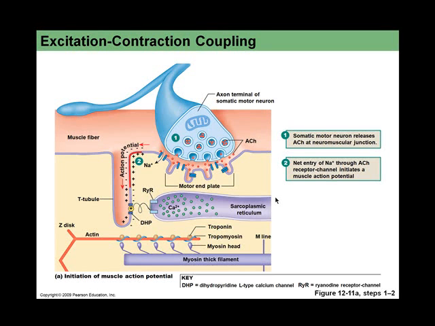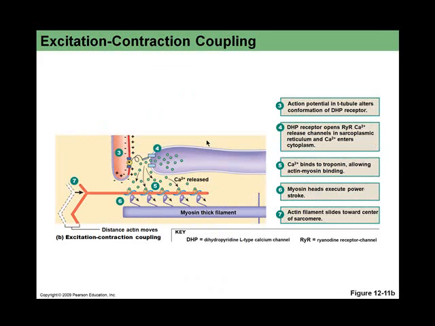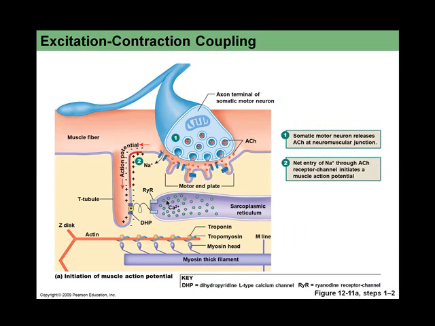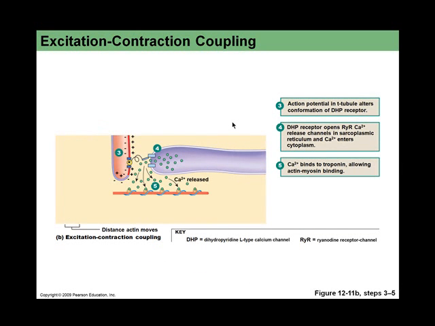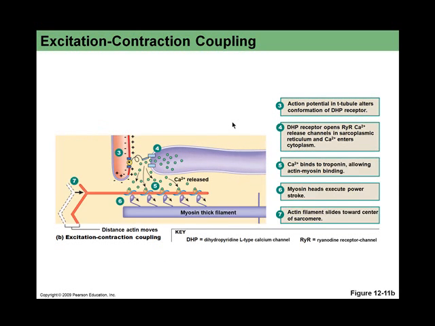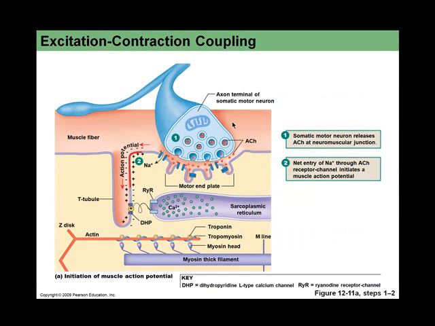So with the excitation-contraction coupling, we start with the events at the neuromuscular junction, and then end with the contraction of the muscle. So we start with number 1 and number 2 here at the neuromuscular junction.